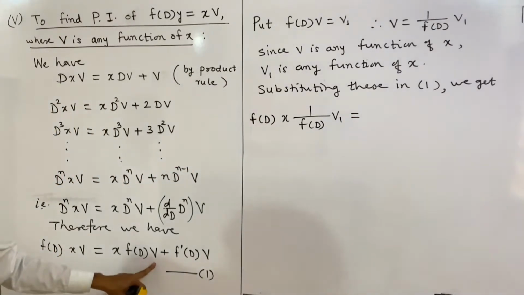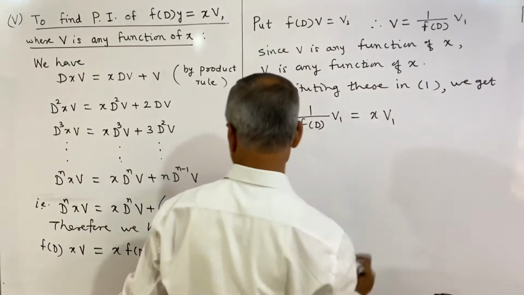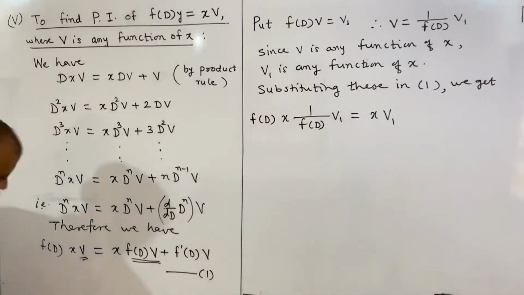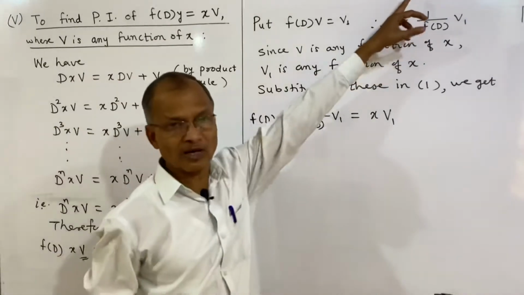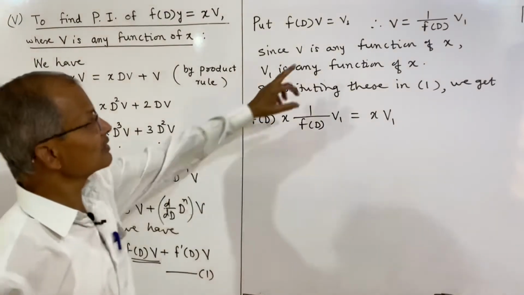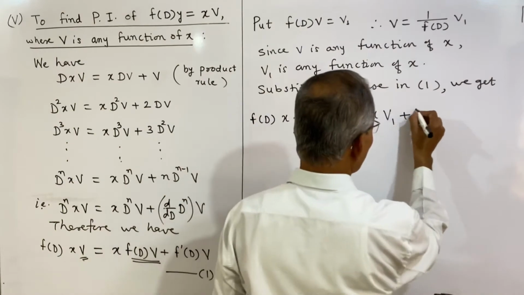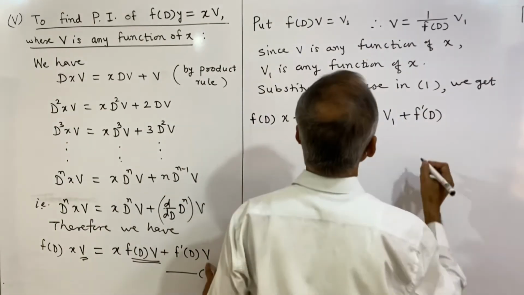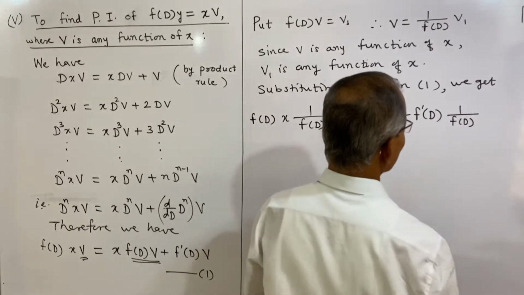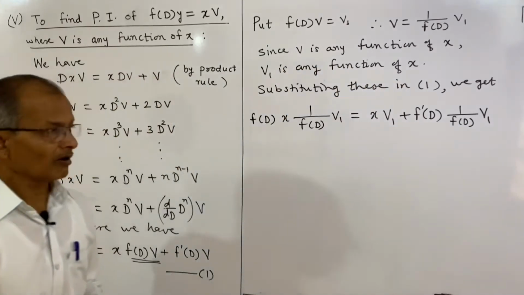F of d into v is to be written as v1. So the right side's first term is x into v1. We are putting the value of v, and f of d into v is written as v1. So plus f dash of d, and what is v? V is again 1 upon f of d operated on v1. So this is the relation we have obtained.